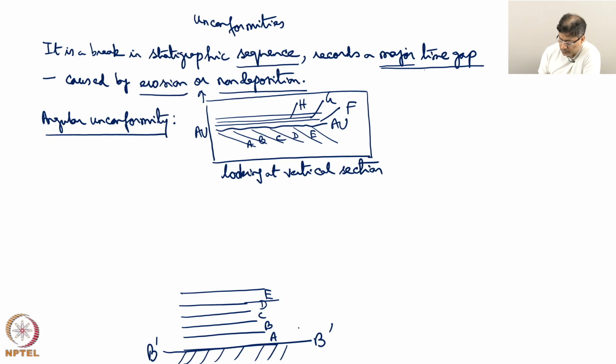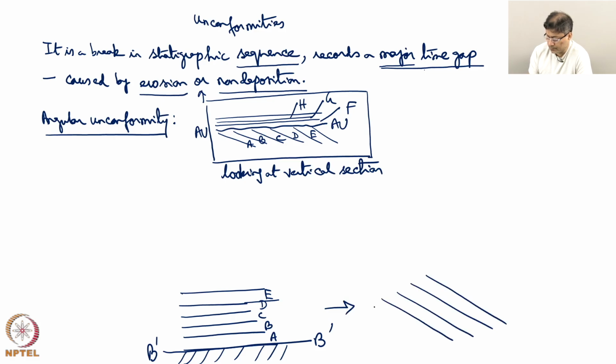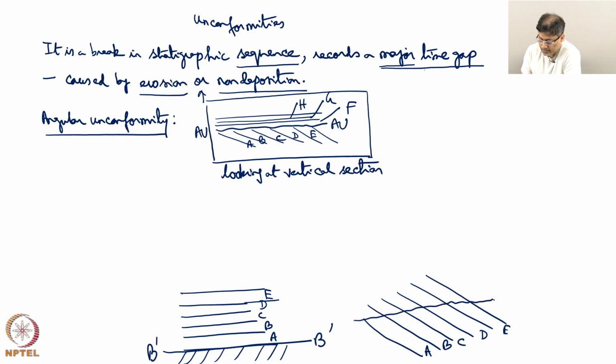Now, imagine from this deposition there was a tilting event, so that this lithological package A, B, C, D, E got tilted. So, here is the after tilting. E, D, C, B and A. Imagine an erosion takes place, that means these tilted units got exposed for a profound time on the earth's surface and the rock materials here got eroded and they went away.